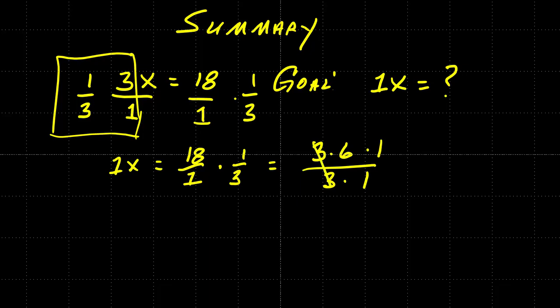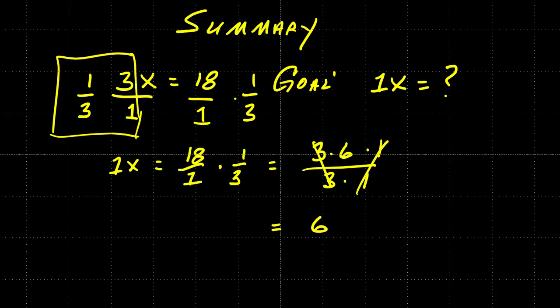The 3's cancel, the 1's cancel, and our answer would be 6. At that point, we would go ahead and do the check. But to save ourselves a little bit of time in this presentation, we won't do that. But you should always do it whenever you're doing these problems.